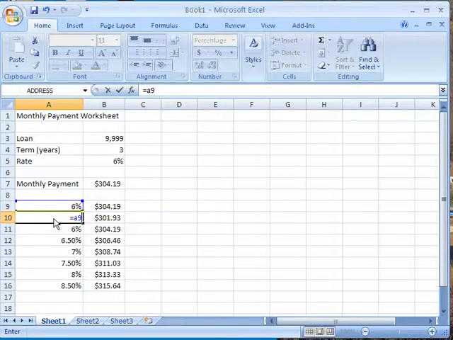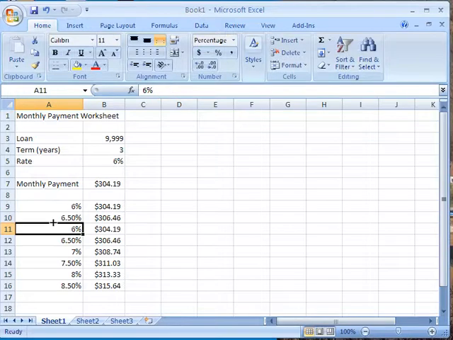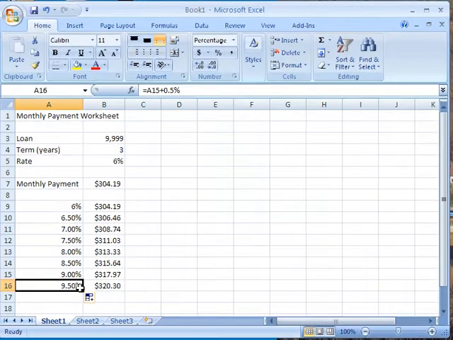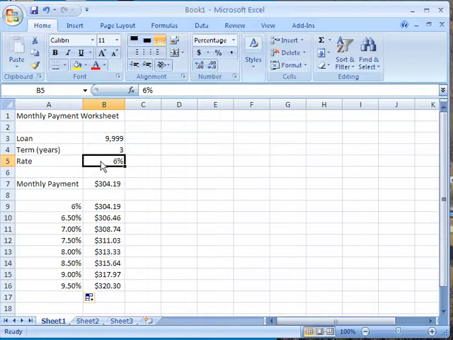Equals A9 plus 0.5%. If I copy that formula down, I now have percentages that will change when I change the value in the assumption area.